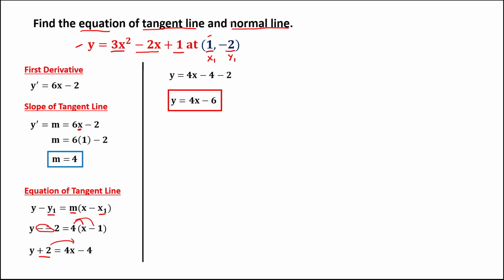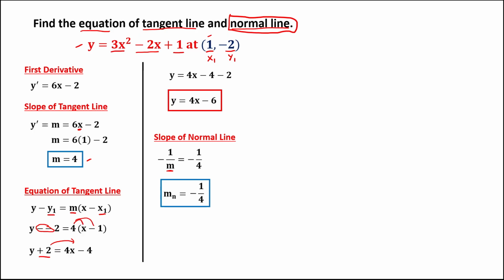Then to solve for the equation of the normal line, first, we need to find the slope of the normal line, and this is equal to the negative inverse of the slope of the tangent line, that's negative 1 over m. So since m is equal to positive 4, this becomes negative 1 over 4. So therefore, the slope of the normal line is negative 1/4.